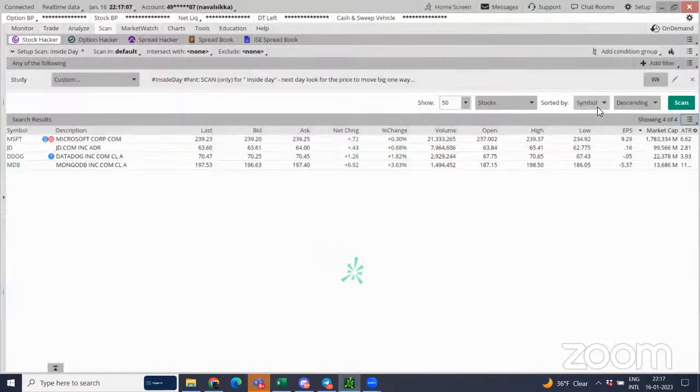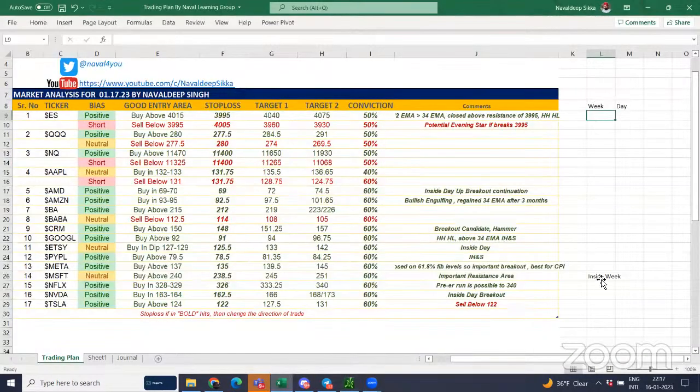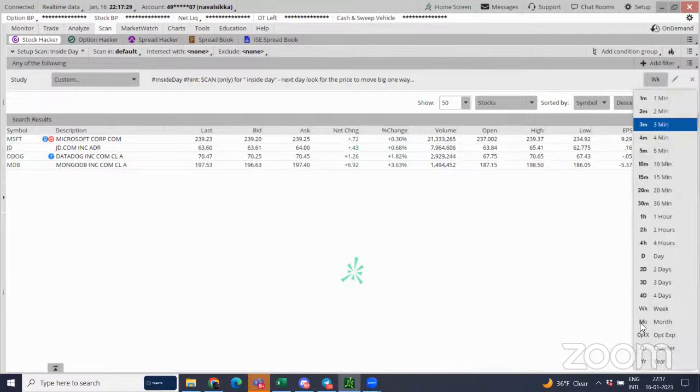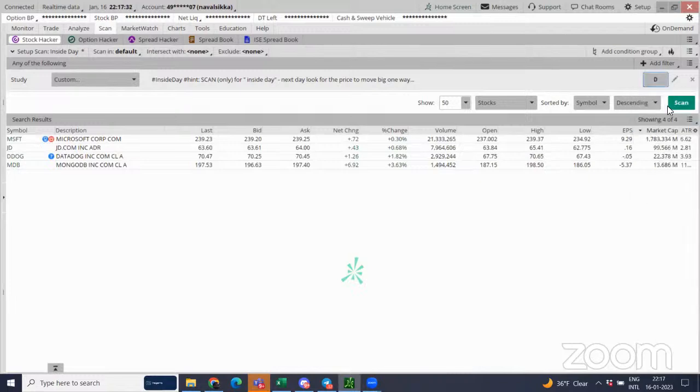Now the inside day scan: Microsoft and JD. JD, I don't have it, it's a Chinese ticker. Another one, DDOG and MDB. Inside day between Thursday and Friday.